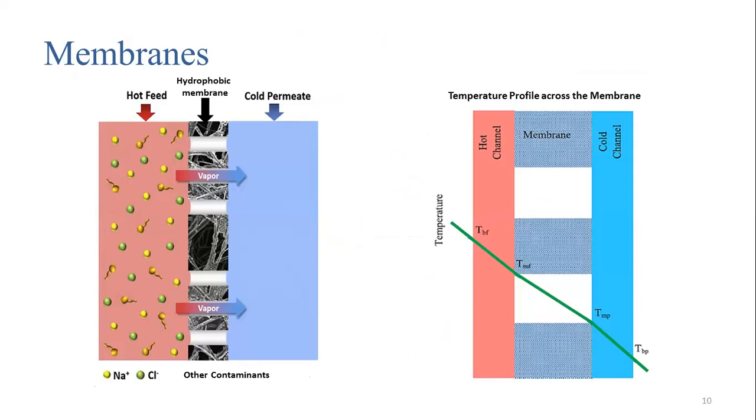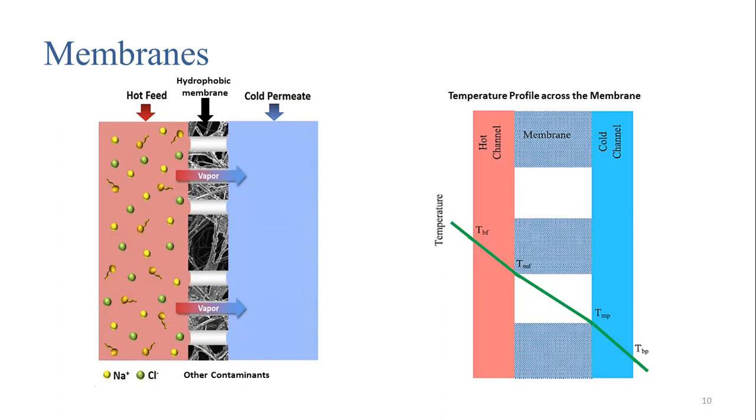You can see that on the left, you have a hot feed, including NaCl or salt. The right side includes the cold permeate, which is fresh cold water. In between, we have a membrane. What is this membrane? This membrane is designed to allow only water vapor to pass, but not anything else.